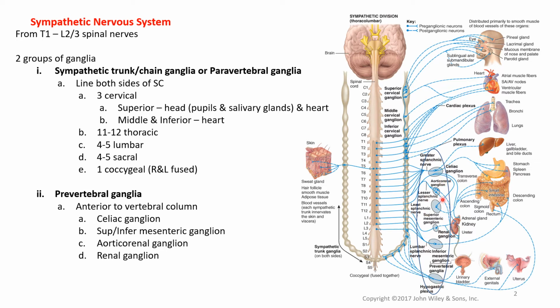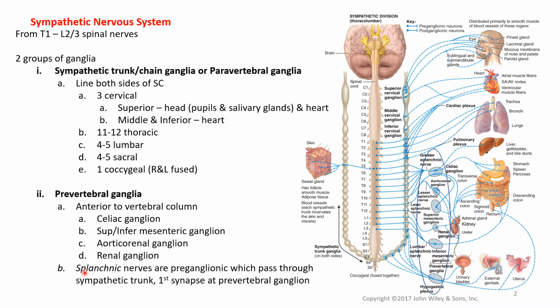There's lots of these. I just gave you a few examples, but I want you to recognize that these are all prevertebral ganglia, as opposed to the sympathetic trunk chain or paravertebral ganglia, which are going to be running up and down right next to that spinal cord. So that's two ways. The third is going to be what's called a splanchnic nerve.